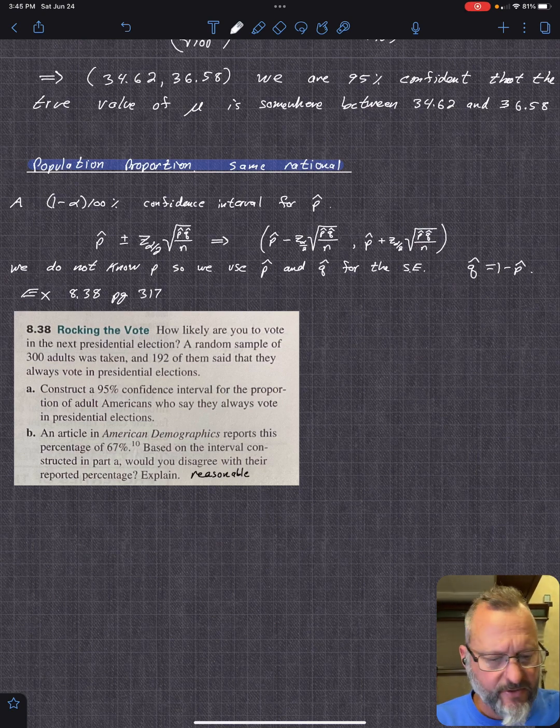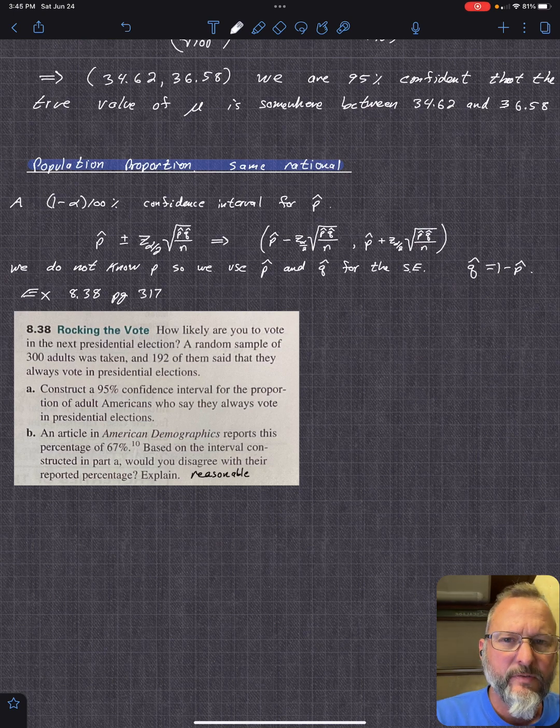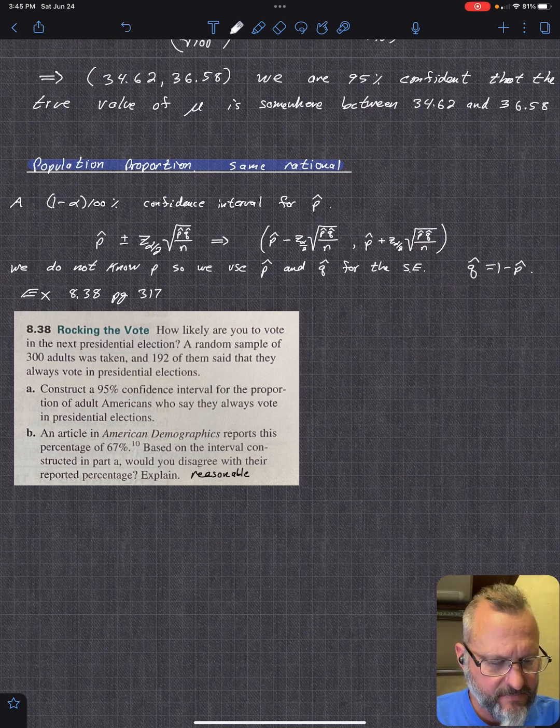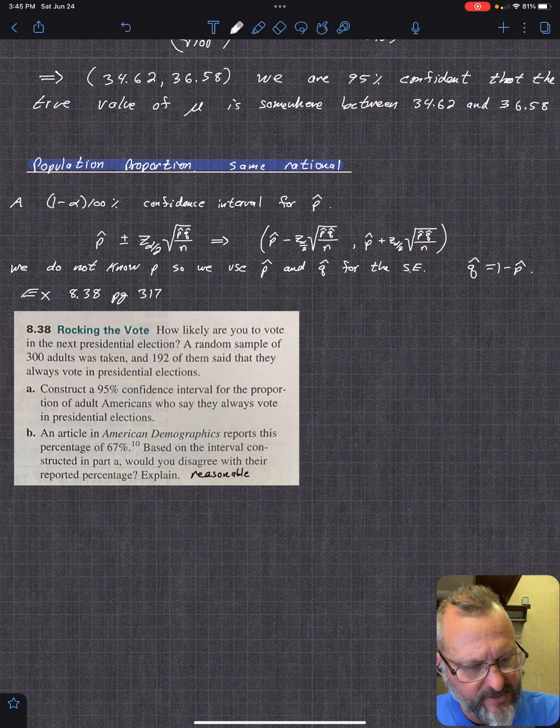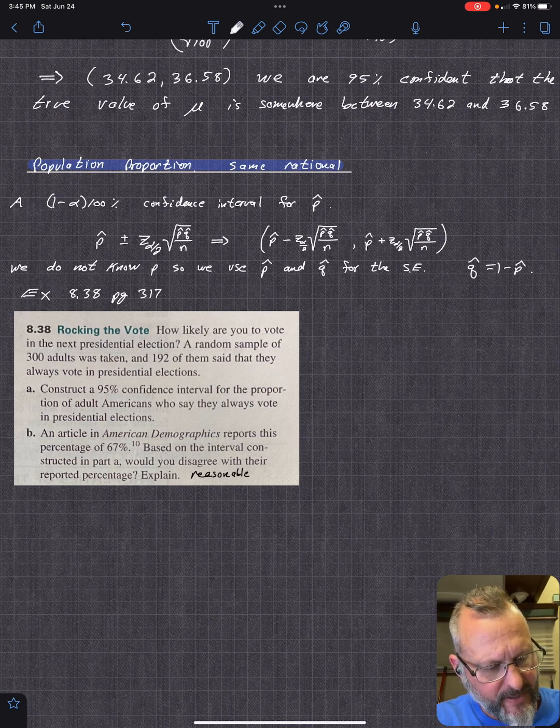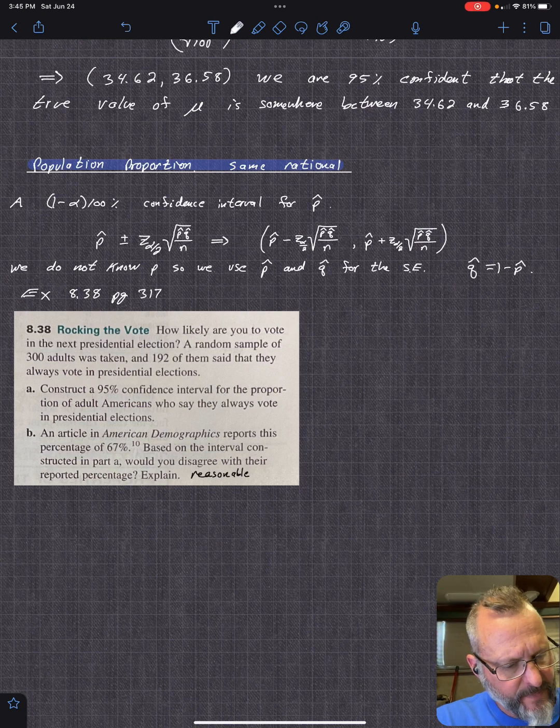You can look those up. Usually they tell you what the z-scores would be for 99 or 95. You just look them up, but I'll show you how to calculate it again later.